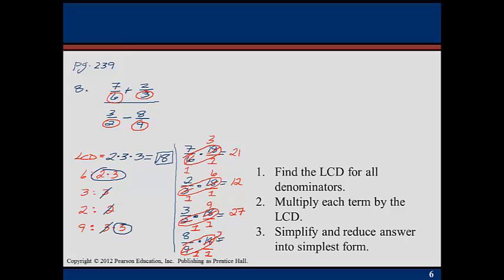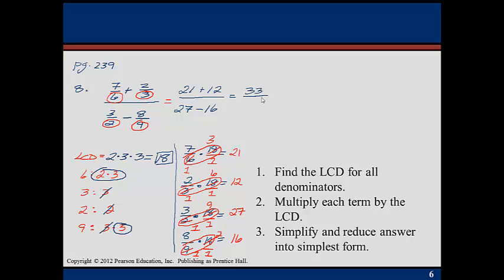So we have 21, 12, 27, and 16. So now we can rewrite this as 21 plus 12, all divided by 27 minus 16. 21 plus 12, well, that is 33.